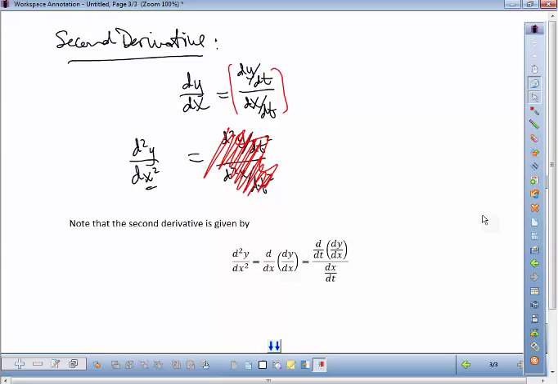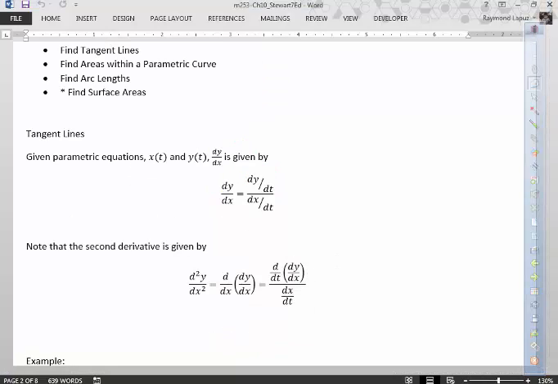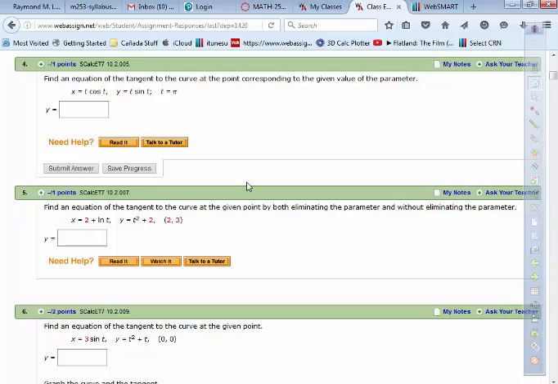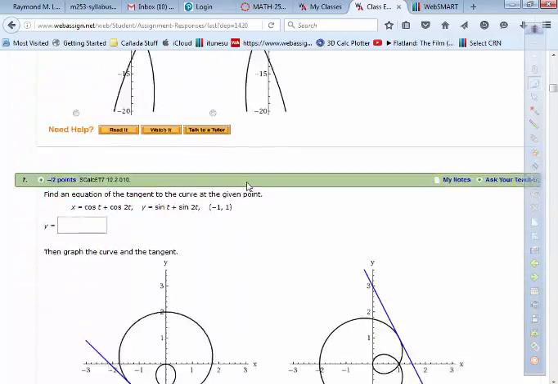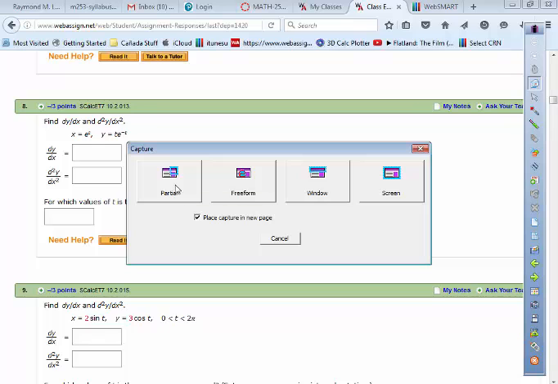And let's see, as an example, number 8, hopefully that's a good one. For an example, let's take a look at number 8 on my list of finding derivatives and second derivatives and stuff like that.